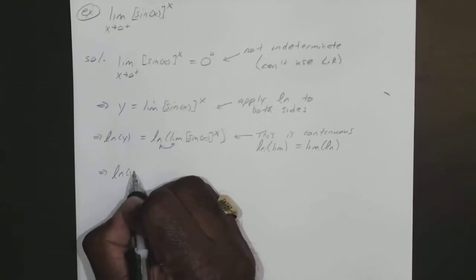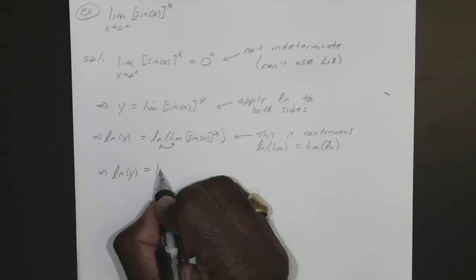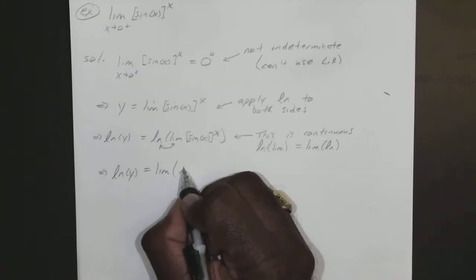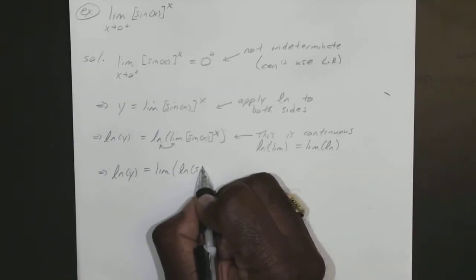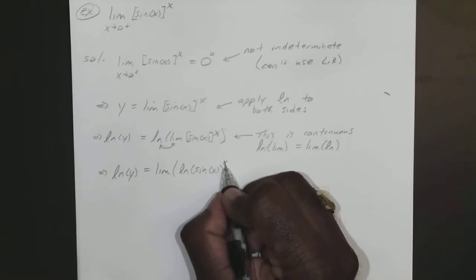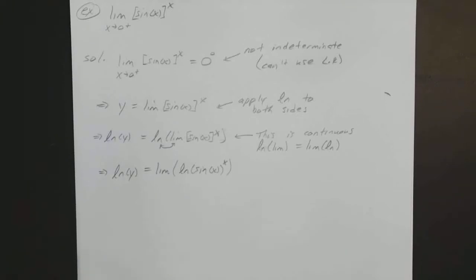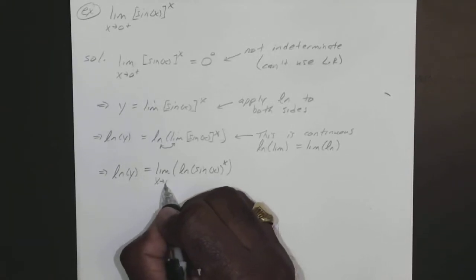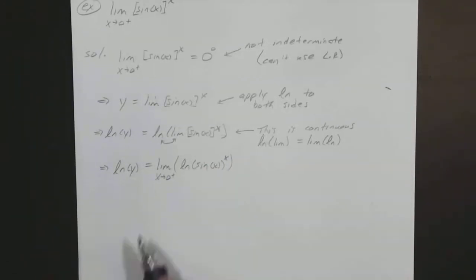Okay, so you have the natural log of y is equal to the limit of the natural log of sine of x to the power of x as x approaches 0 from the right. Forgot to write it here too.